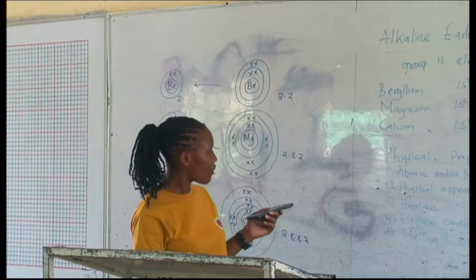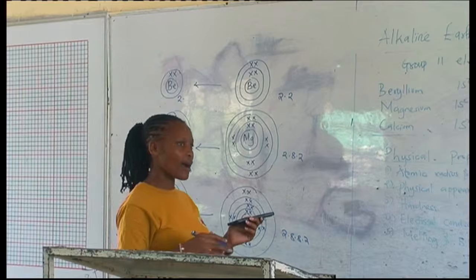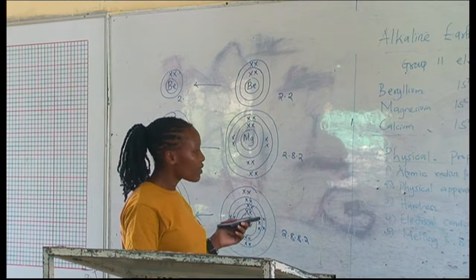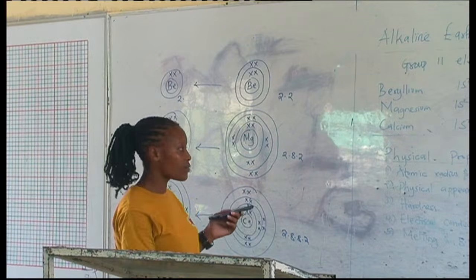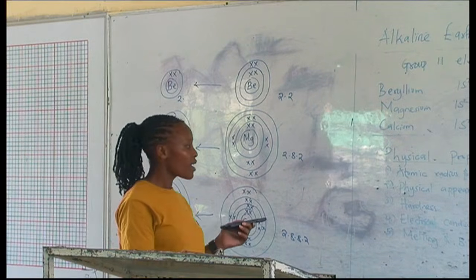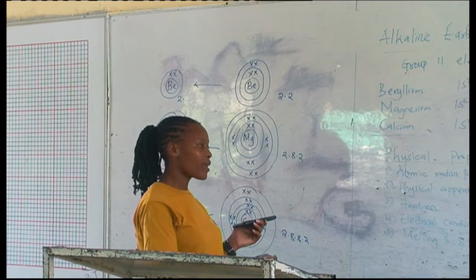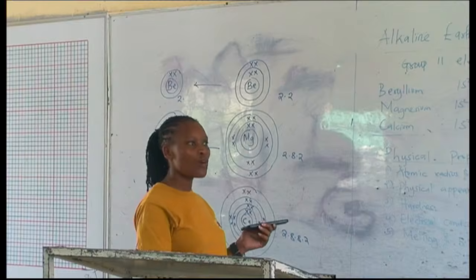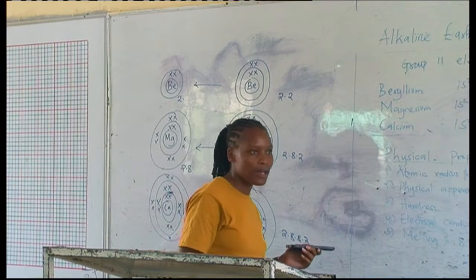And comparing their hardness, alkaline earth metals are less soft compared to alkali metals, which has been told in the previous lesson. Now, alkaline earth metals are hard compared to alkali metals, or you can say they are less soft than alkali metals.